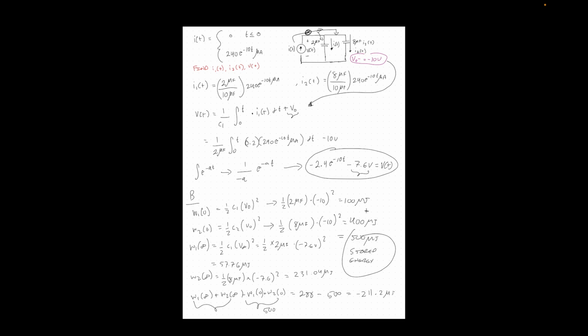Once I've done my current division, I've identified that I have elements in parallel, meaning that I only need to solve the voltage for one element, and I know the voltage of the entire circuit. Once I've been able to do that, I can then evaluate the energy using the initially stored voltage value and the voltage value that we've chosen to be W1 of infinity and W2 of infinity.